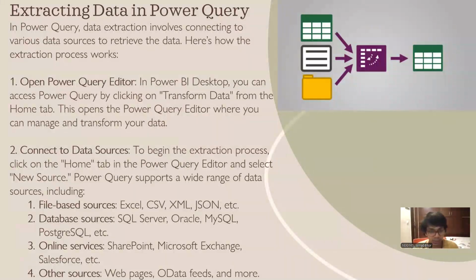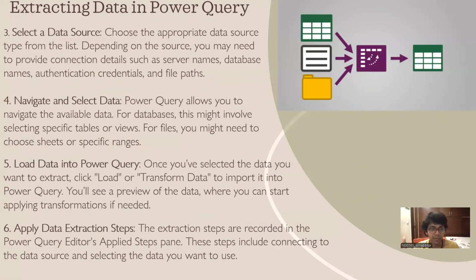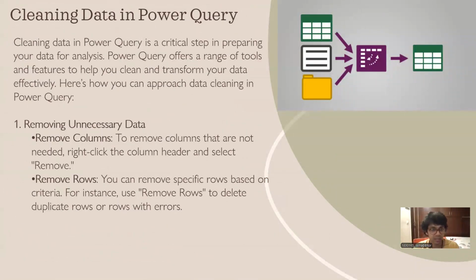Then you connect to the data sources. These are the different types of data sources: file-based sources, database sources, online services, and other sources. When you select the sources, you navigate and select the data, load that data into Power Query, then you make your transformation steps, and finally you apply those steps. That's how the data extraction is done essentially.